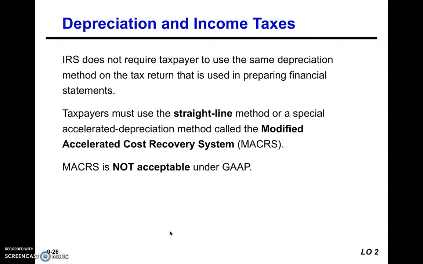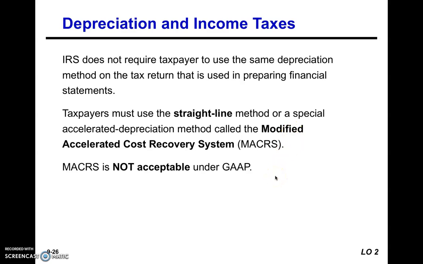Now, what methods can we use for income tax? For income tax, you can use a straight line method. Also, there is another method that is acceptable under IRS rules, Internal Revenue Service rules, and that's called MACRS, or Modified Accelerated Cost Recovery System.